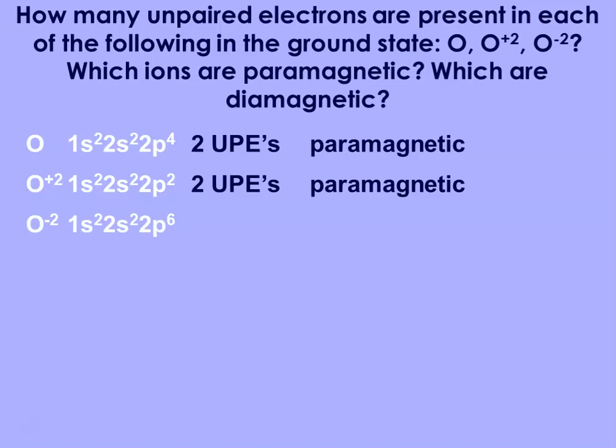So we would take that original configuration and fill up the remaining 2 spots in 2p. At this point, all of the electrons have a partner, so there are not any unpaired electrons, and this would be considered to be a diamagnetic ion.